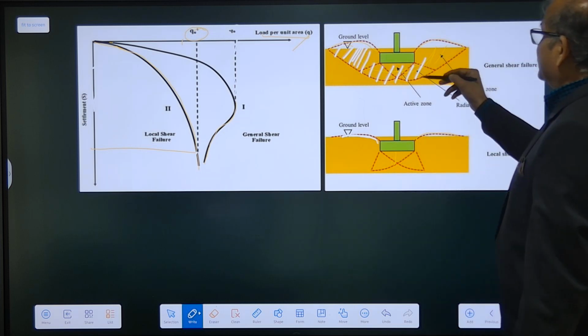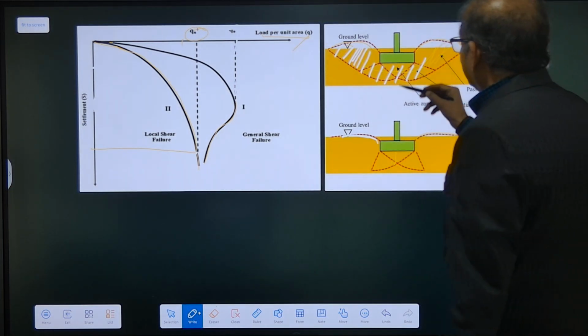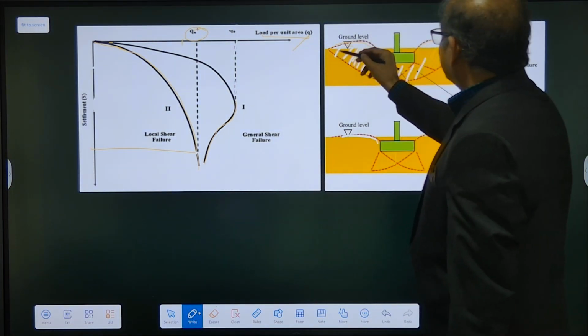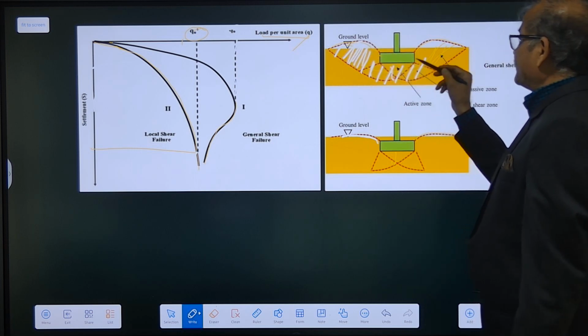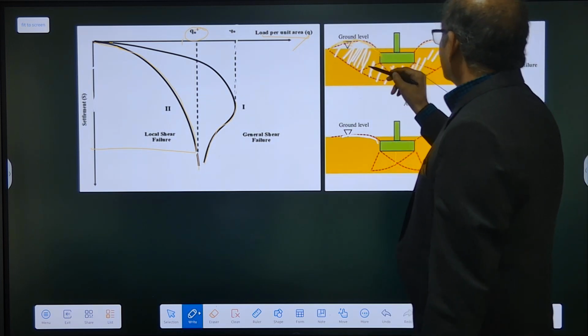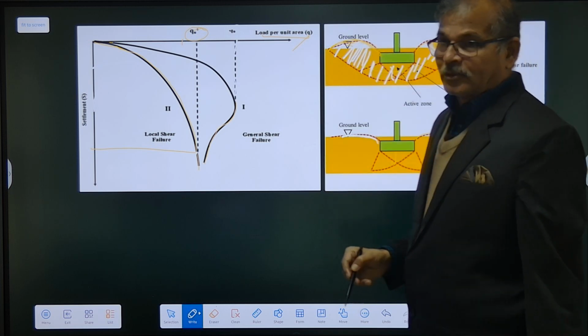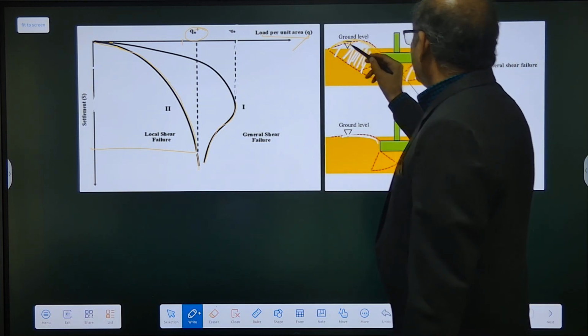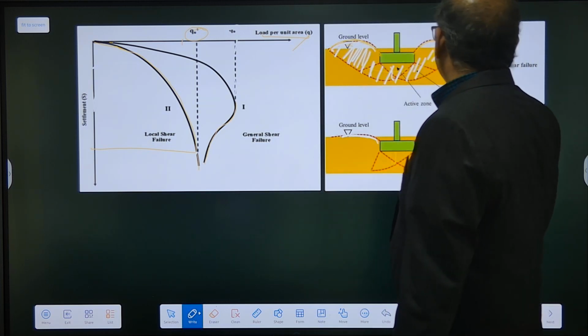So in case of general shear failure, full soil takes plastic equilibrium और इसमें bulging well defined, पूरा soil एक्ट में आता है, so that it takes more load, but failure भी well defined हो जाता है, bulging well defined.